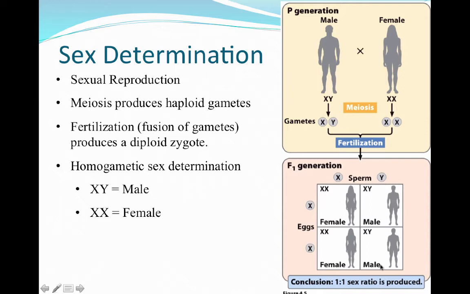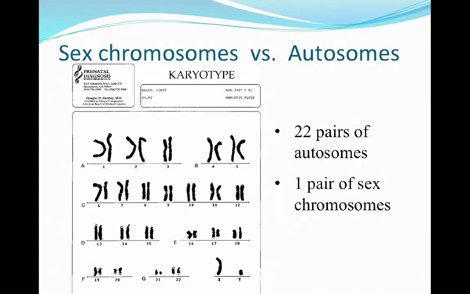Therefore, if you were to do a Punnett square, you see that we get a 50% rate of females and a 50% rate of males, and it's really the male that is determining the sex in most of our mammalian species. Sex chromosomes are shown and visualized with a karyotype.